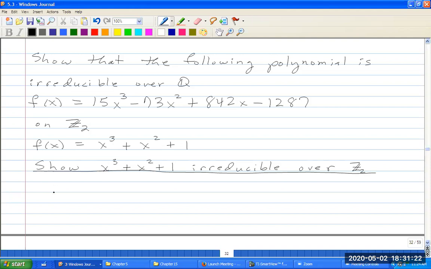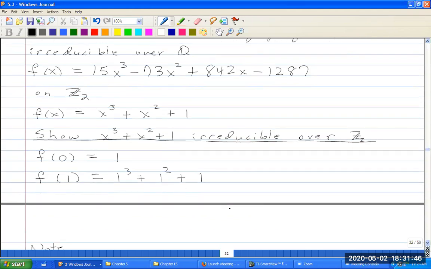Let's see if I can find a root of this polynomial. Well, f of 0 is 1, which is not 0. So therefore, 0 is not a root. Let's look at f of 1. Well, 1 plus 1 plus 1 is again 1. So that's not a root.